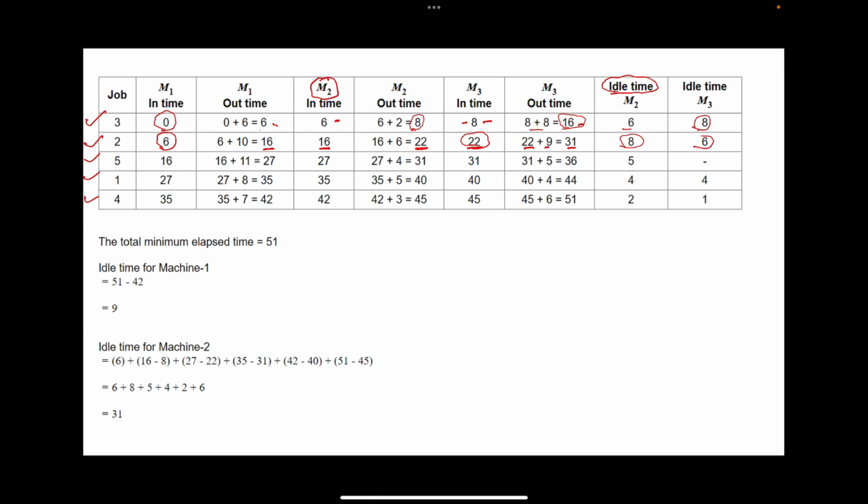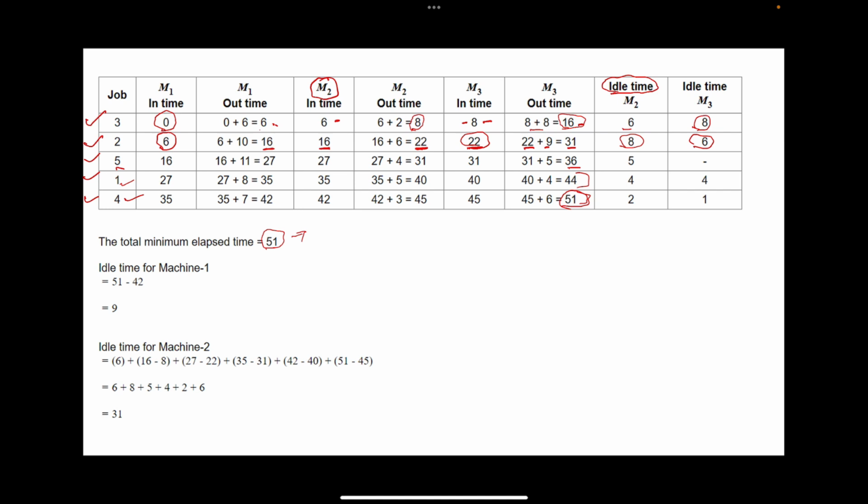So you need to wait 6 minutes. Similarly, you can find out the times for job 5, job 1 and job 4 in the same fashion, and the total time elapsed is 51.